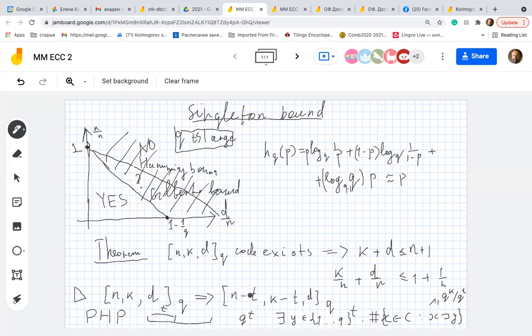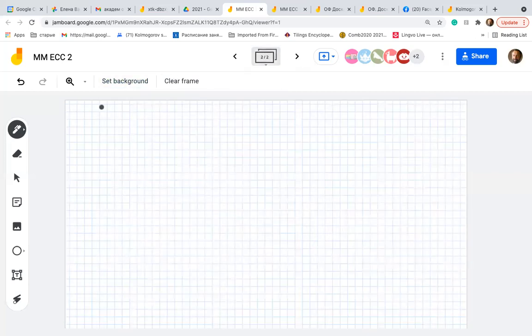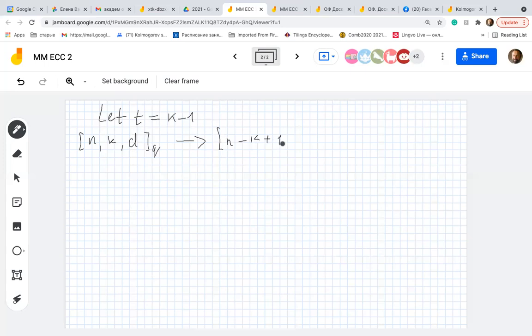And so we let t be equal to k minus 1, and so we obtain from the initial (n, k, d) code the code with parameters n minus k plus 1, 1, and d.